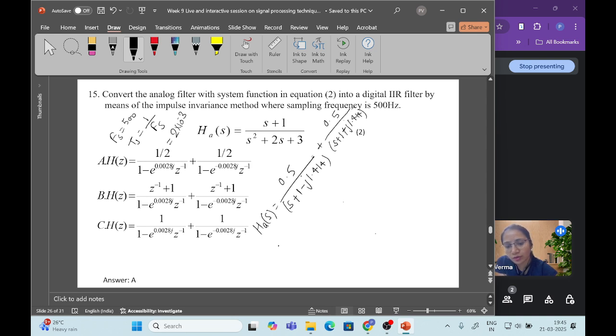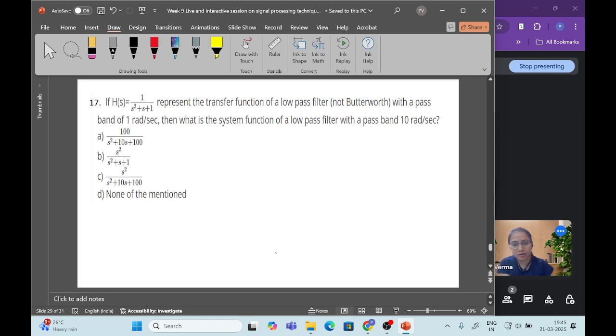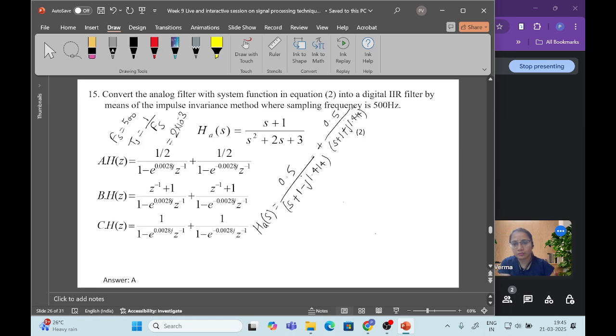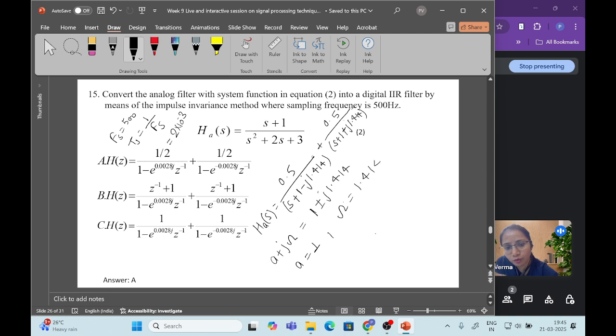Already we know that it is a plus j omega, right? So if you compare with this one, 1 plus minus 1.414 in both the poles, so a value you will get 1 and omega value from here you will get 1.414, right?